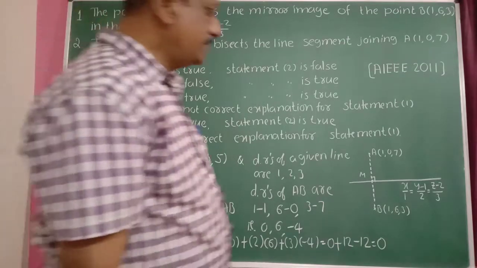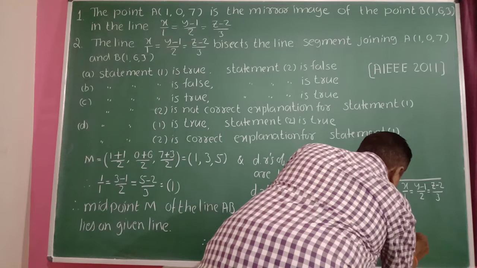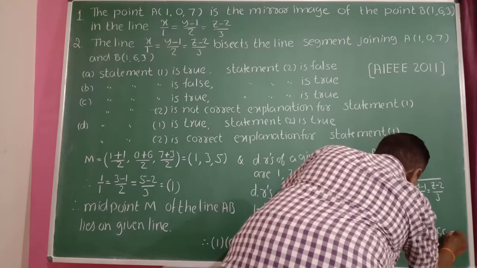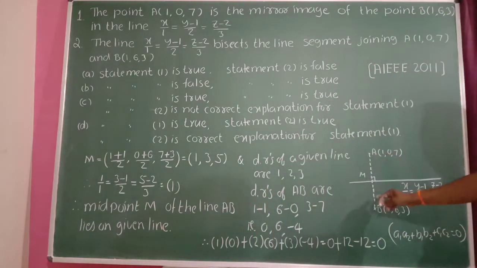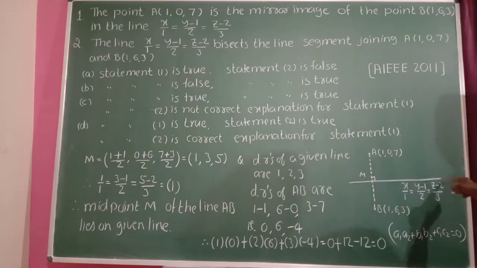Therefore, this condition is satisfied, meaning a1 a2 plus b1 b2 plus c1 c2 is equal to 0. This condition satisfied means AB and the given line are perpendicular to each other. The meaning is M, the midpoint of AB, lies on the line, as well as AB is perpendicular to the given line.